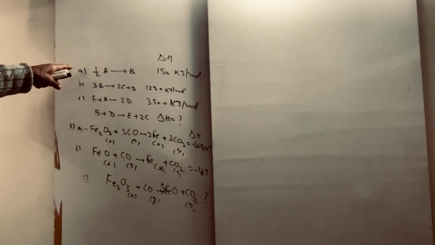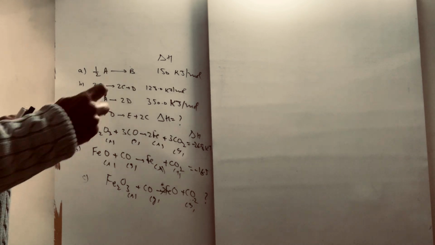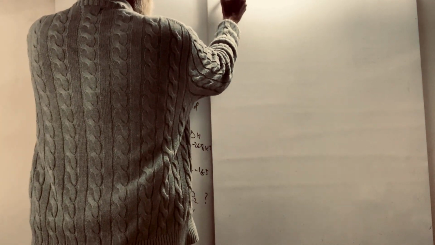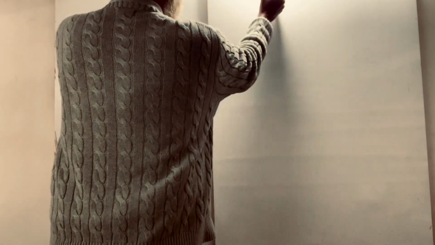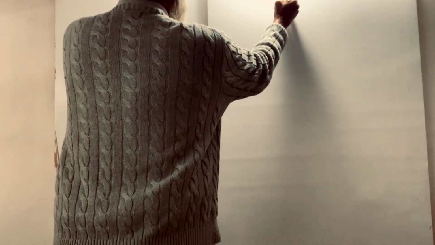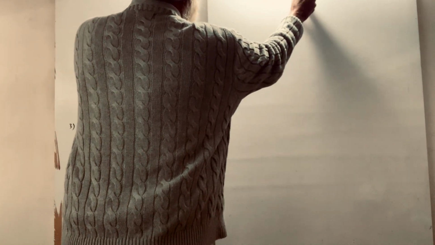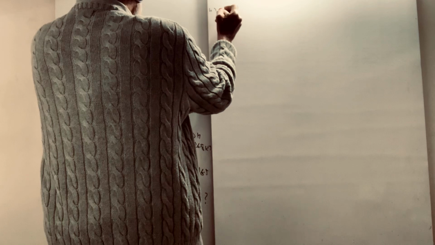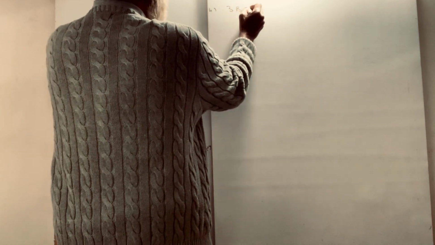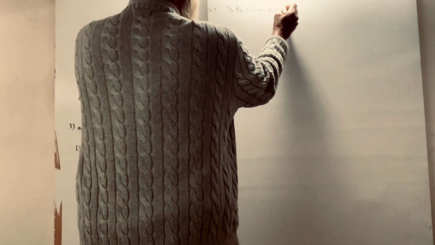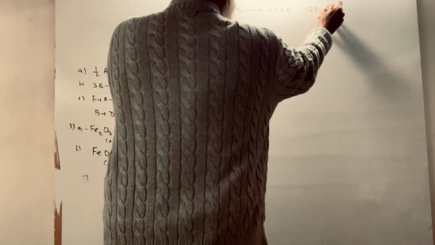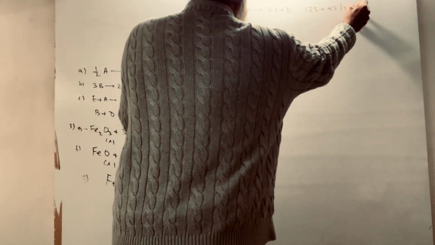For example, the first question is: half A changing into B, delta H is 150 kilojoule per mole. Second is 3B changing into 2C plus D, delta H is 125 kilojoule per mole.